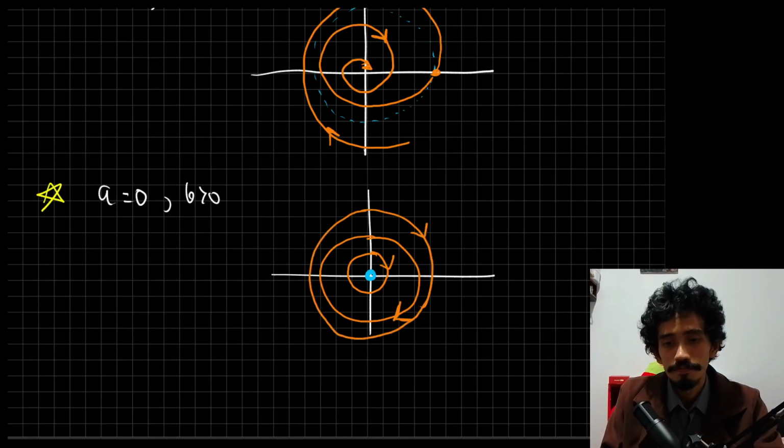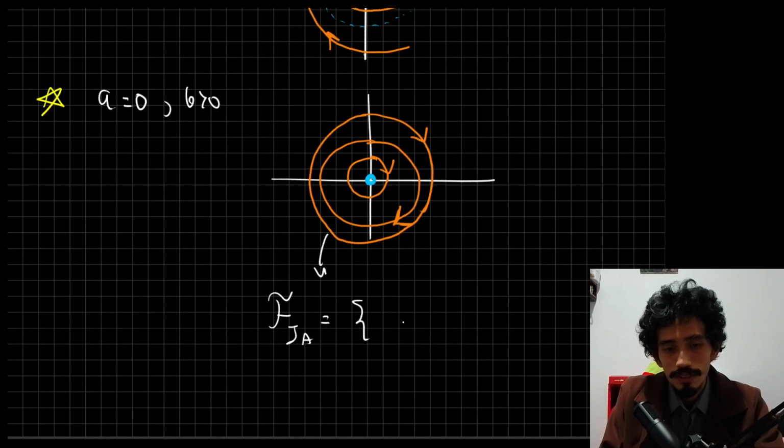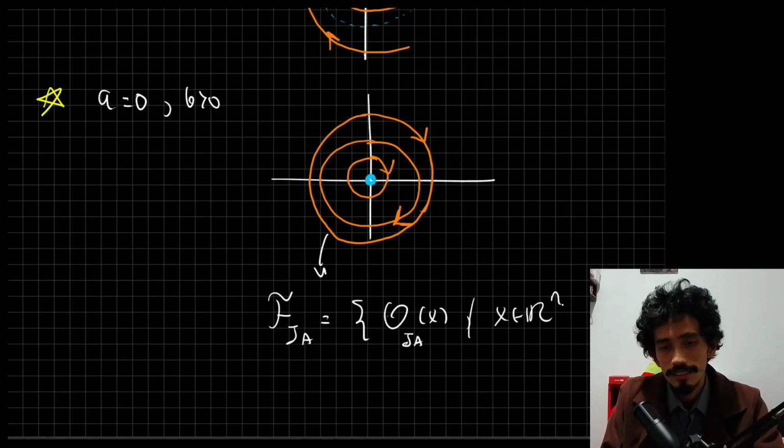And in this case, it is also kind of interesting to point out that the foliation, i.e. the collection of all of the orbits, such that x is a point here, well, in this case it is R2.